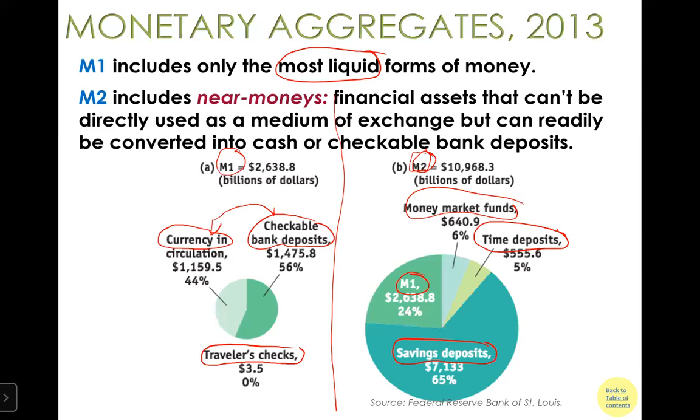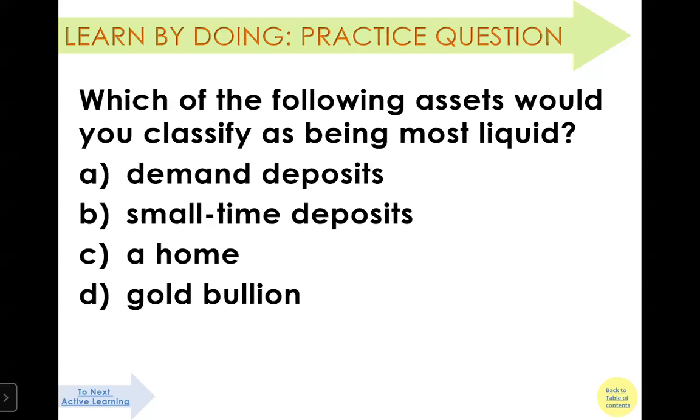M2 includes near monies. Those are financial assets that cannot be directly used as a medium of exchange, but can readily be converted into cash or checkable bank deposits, or in other words, can be converted into something you can immediately use for transactions. Okay, so this is M1 and M2.